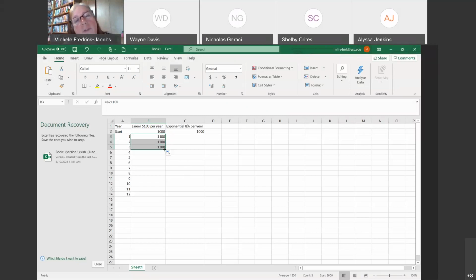You have to make sure you use this little cross. Notice how there's different ones as I move. You want to make sure it's this one in the corner. You can bring it all the way down, and each time it adds $100. So after 12 years, this account will have $2,200 in it.